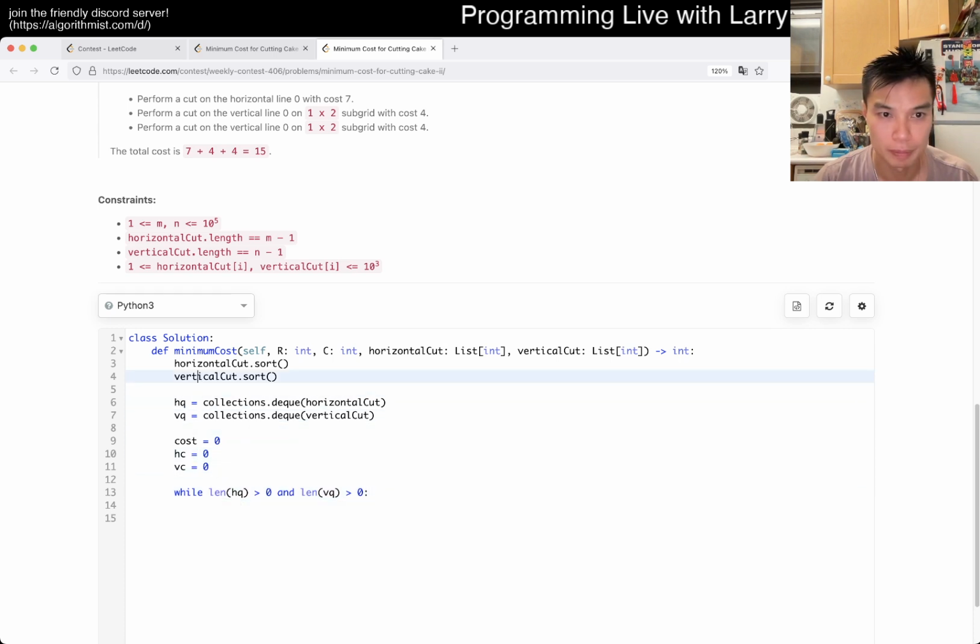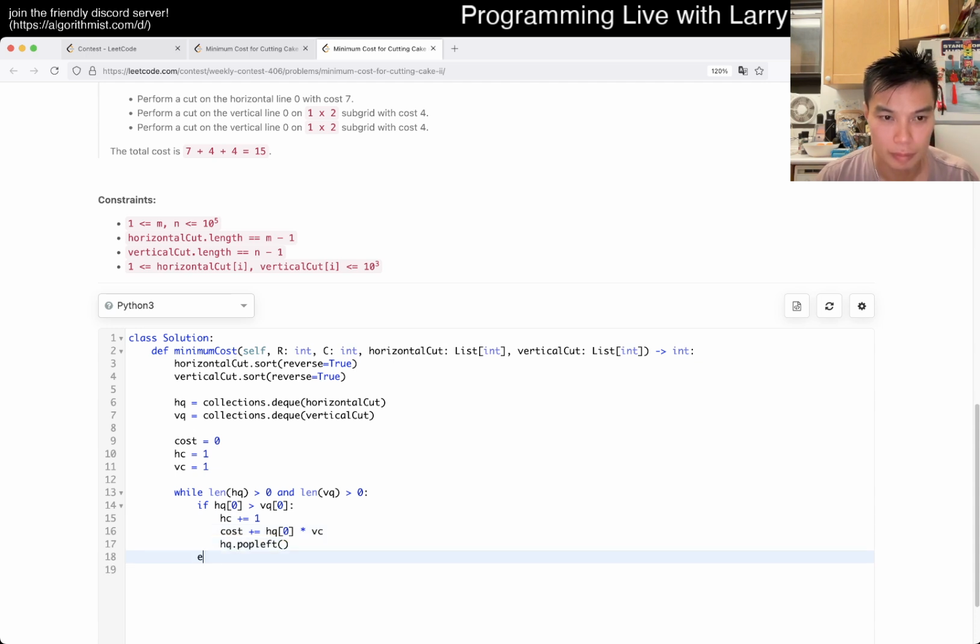We want to, so then now we want the front, and then now if the front is greater than, and we cut. If they're equal, does that matter?